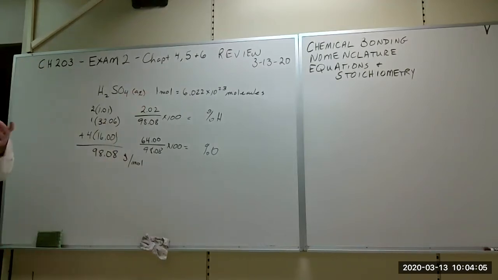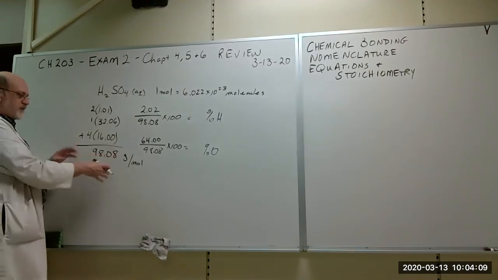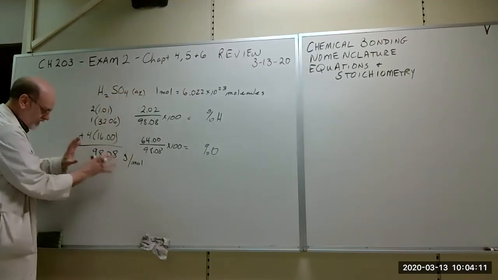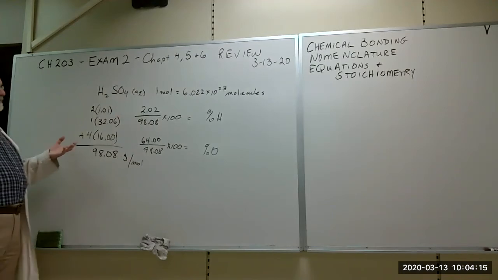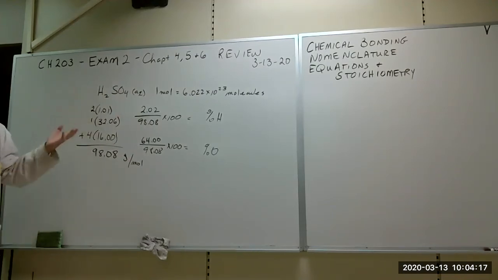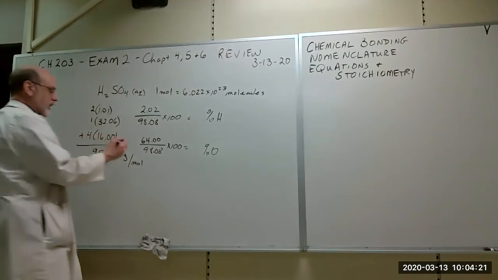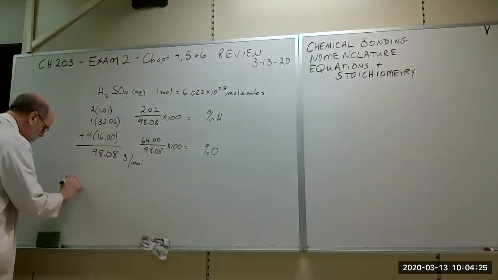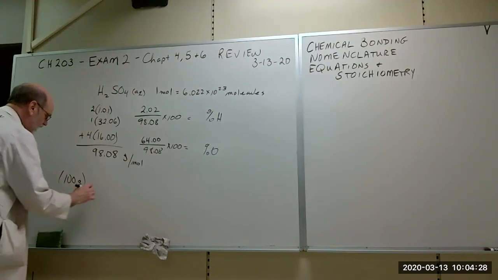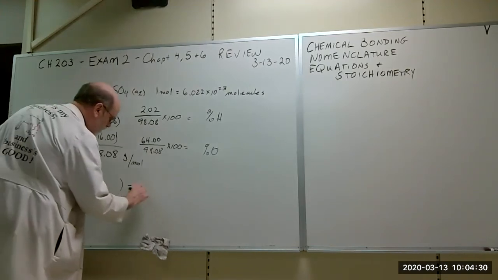And when you have an equivalence, you got a conversion factor. This is just the conversion factor that's been reduced from that place to here. So if you have a certain mass of that compound and you want to know how many moles it has, say we have 100 grams of sulfuric acid.